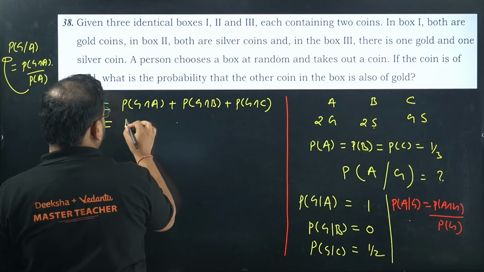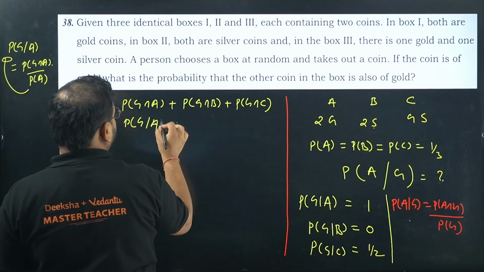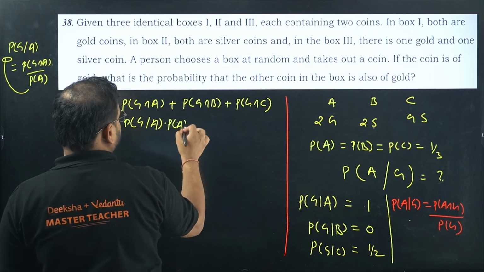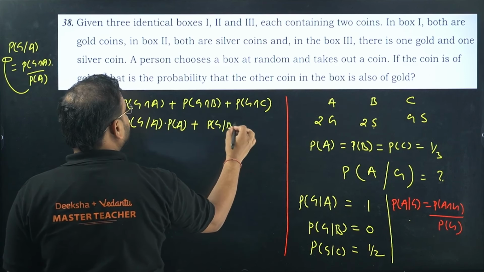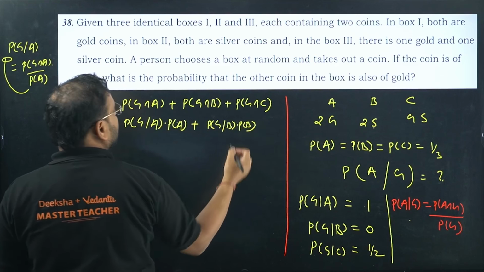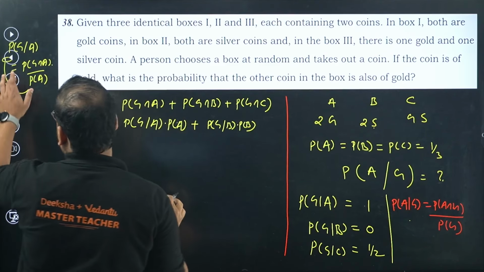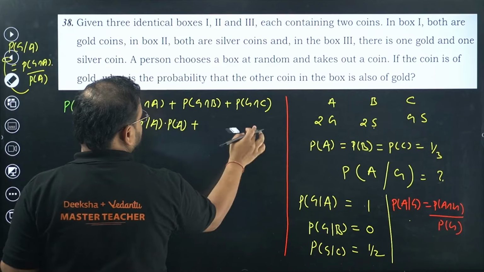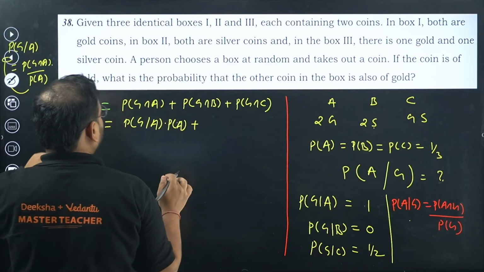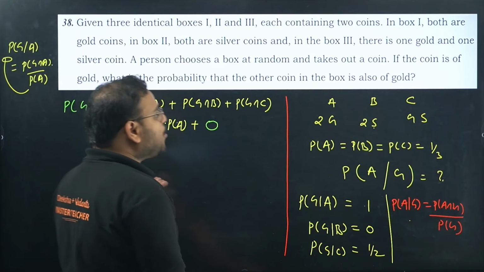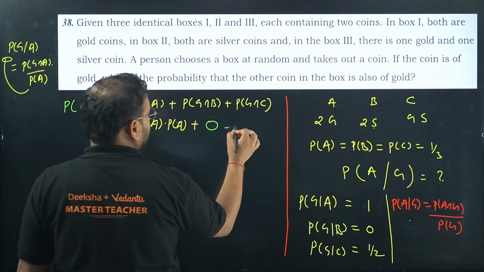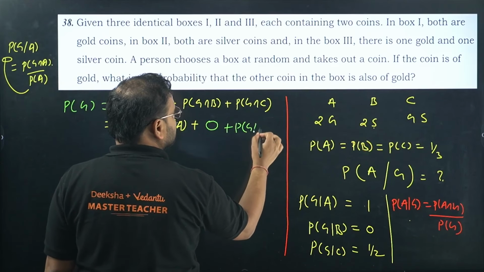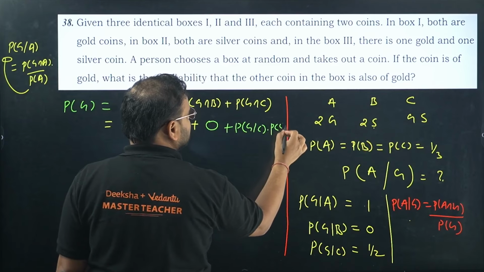So I'll get here PGA into PA plus, for the second term, PGB into PB, and in the same fashion. Write this as 0, because there's no gold in the second box. That is simply 0. But for this one, PGC into PC.